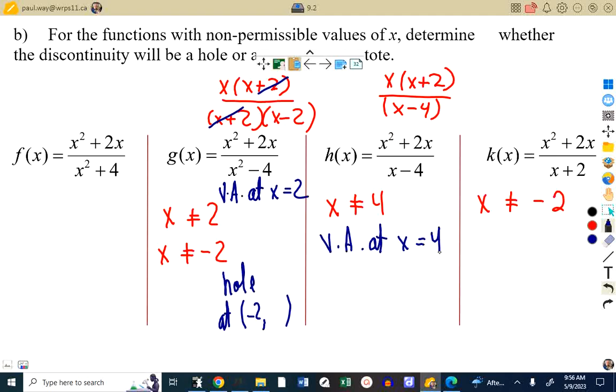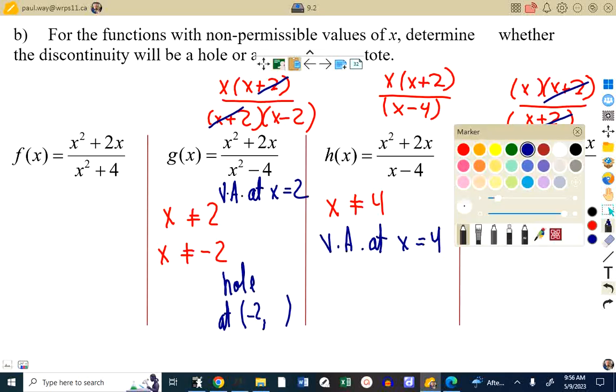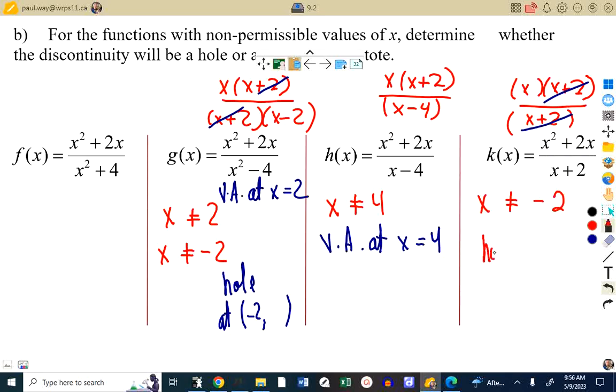Over here, this is x times x plus 2 over x plus 2, while the factor that produces the only non-permissible value of negative 2 here in this last function cancels. And what that means is there is a hole at negative 2.